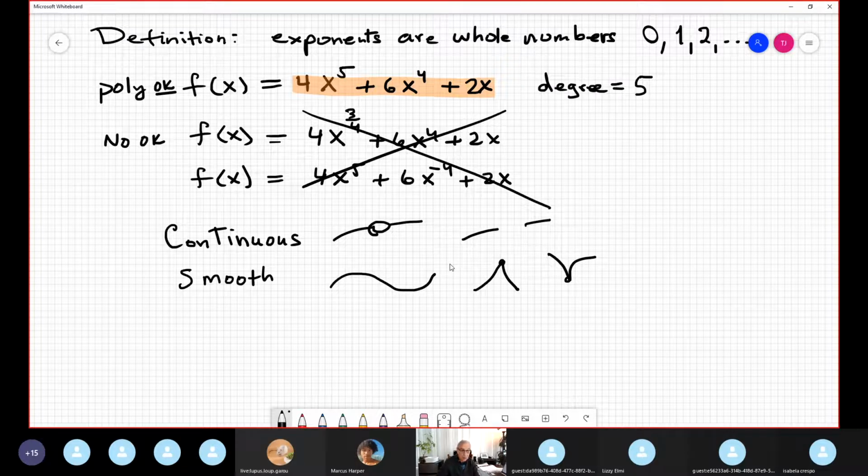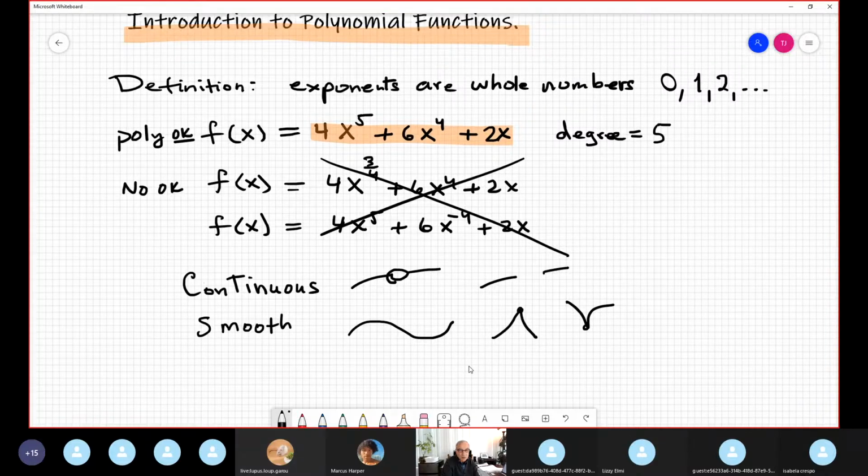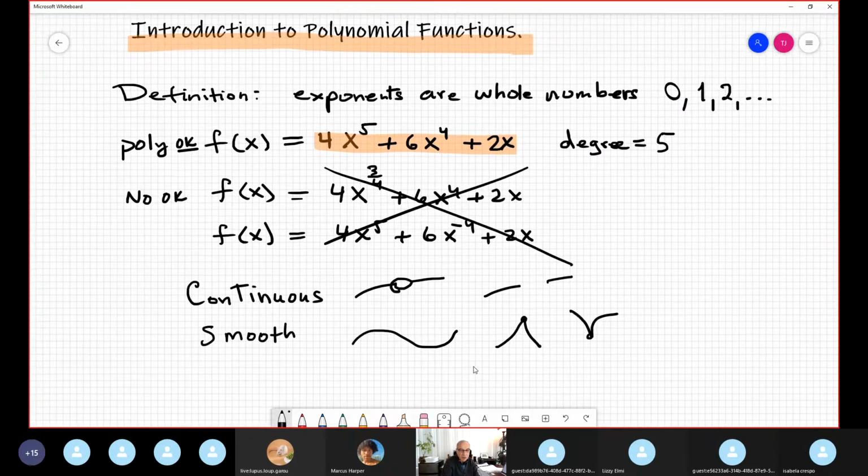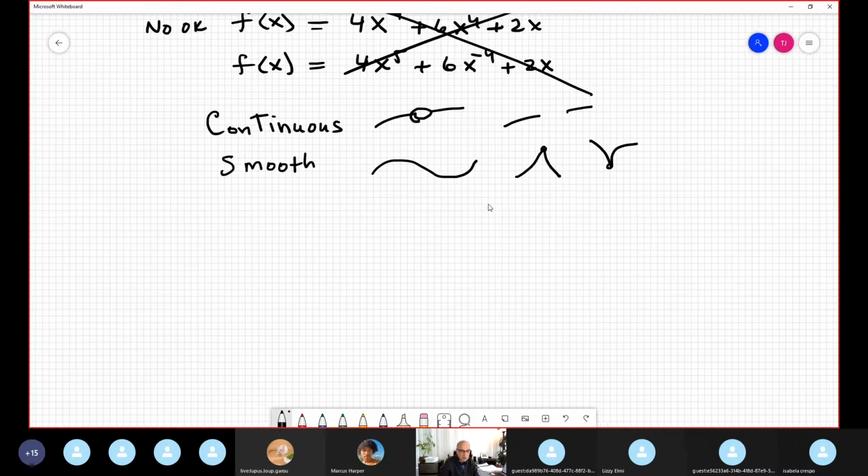Okay. Now, the first thing you need to understand in the polynomial function is the end behavior. Let me explain this idea in detail. End behavior.